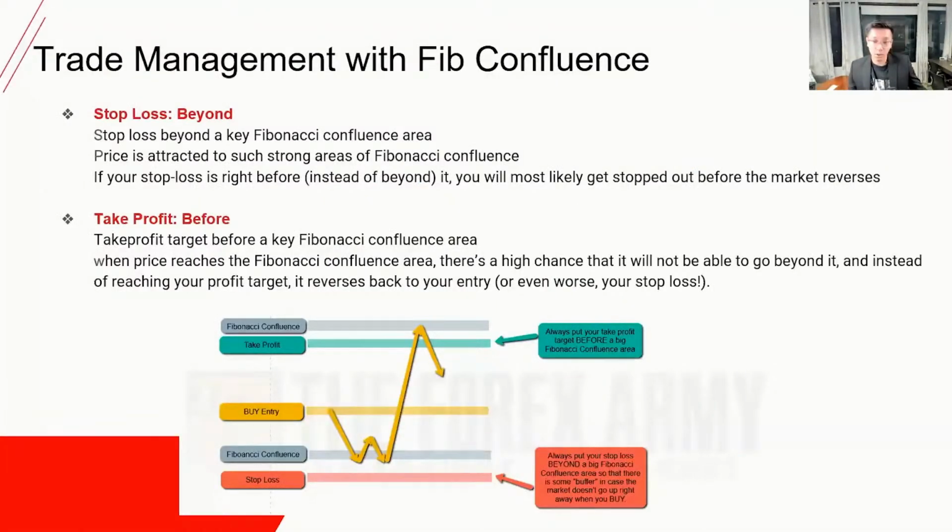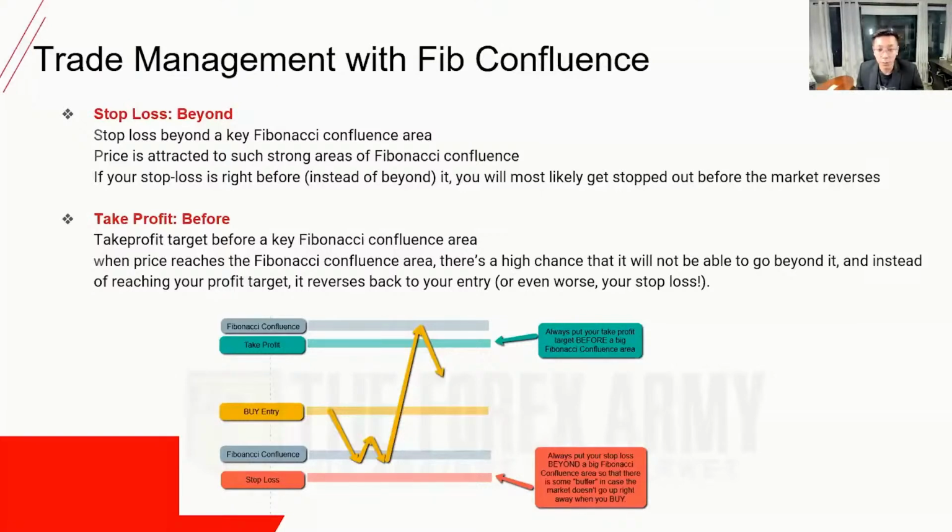All right, so trade management with FIB confluence. For a stop loss beyond a key confluence area, price is attracted to such strong areas of FIB confluence. So if your stop loss is right here, instead of buying, you will most likely get stopped out before the market reverses.